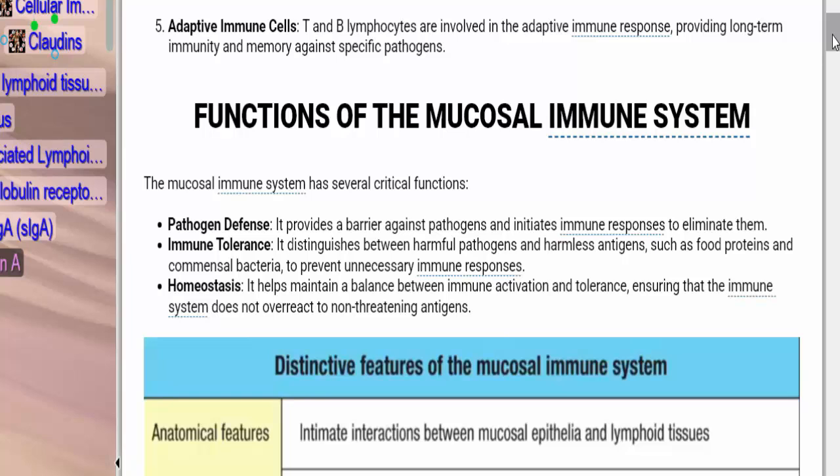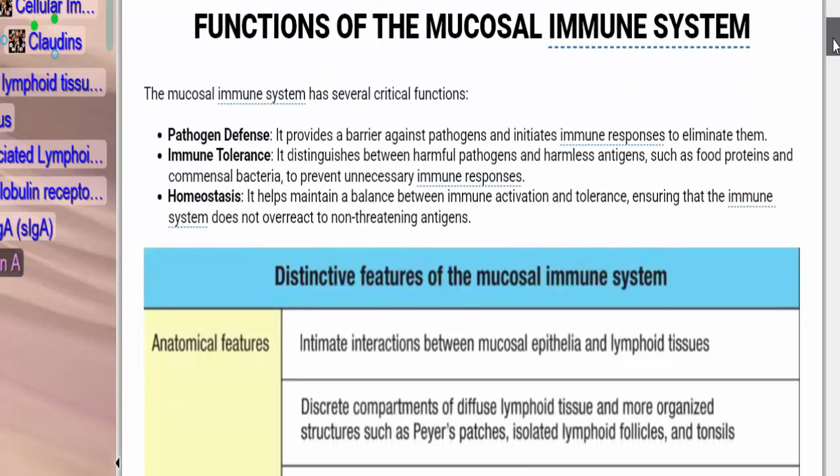It's also for immune tolerance. And what that means is that we've recognized that something is useful, beneficial, friendly, and we do not want an immune response against it. This is that amazing process where the body can distinguish between friend and foe.